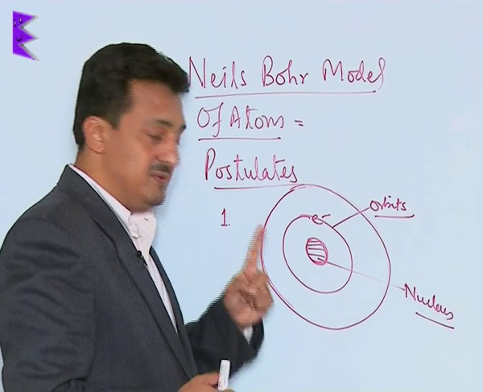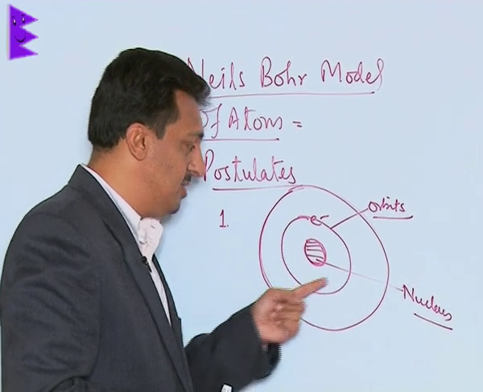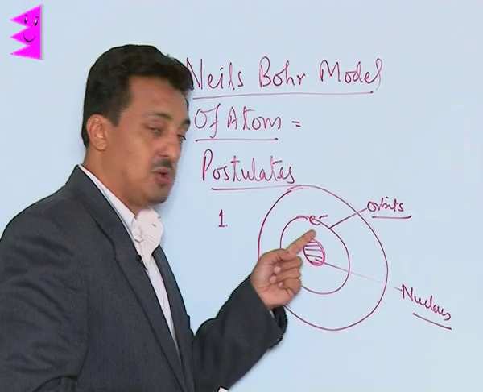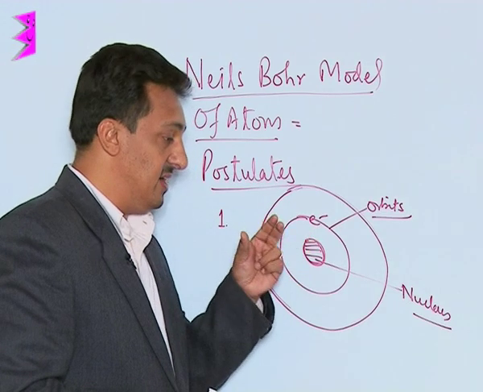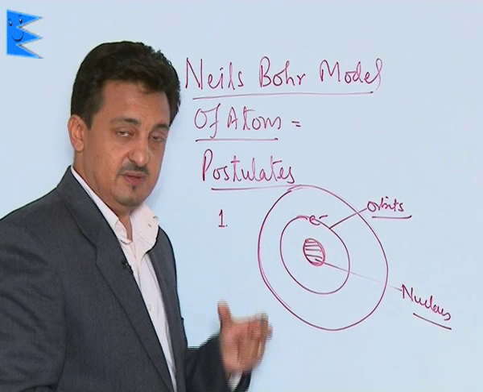He was the first one who said these electrons are present around the nucleus in these circular paths called orbits, which have certain fixed radius and energy.